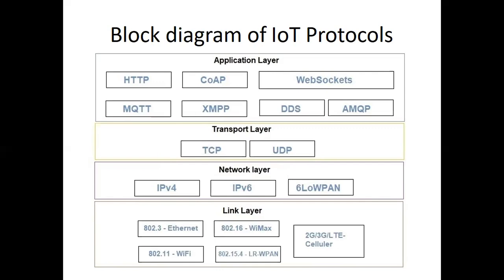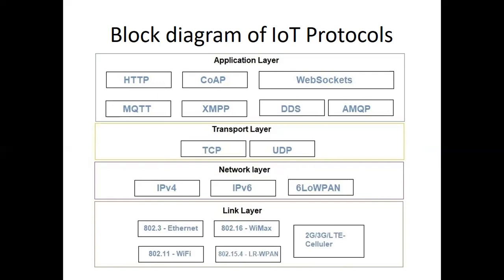In the link layer, protocols like Ethernet, Wi-Fi, WiMAX, LoRa wireless, 2G, 3G, LTE, cellular will be used. These are 802.3, 802.11, 802.16, 802.15.4. These are the different protocols used in the link layer, that is, in the sensor layer.